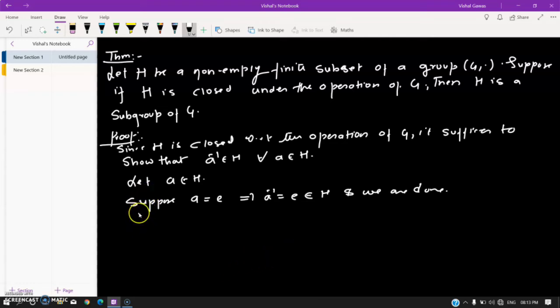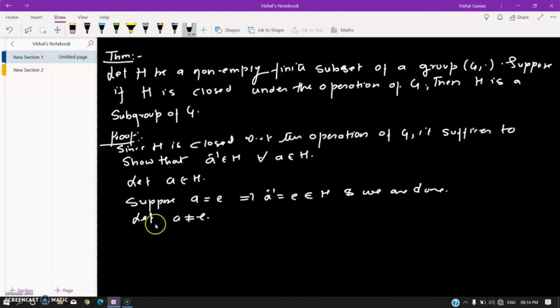So let A not equal identity. I mean to say, if A is equal to identity, there's nothing to prove, since A inverse has to be in H. That's trivial. If A is equal to identity, its inverse will always be there.